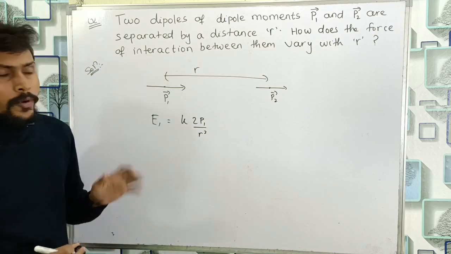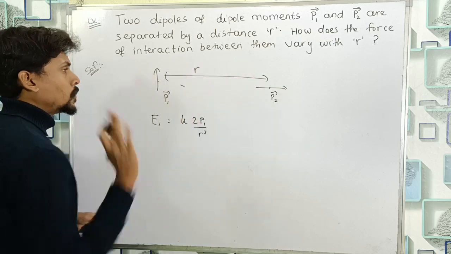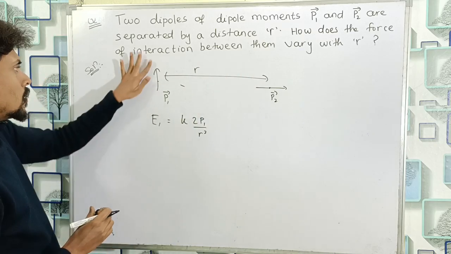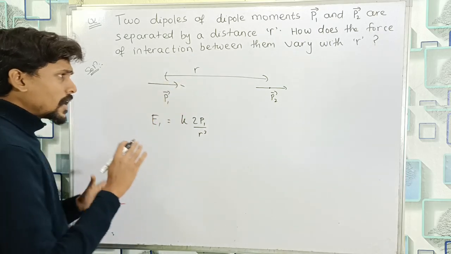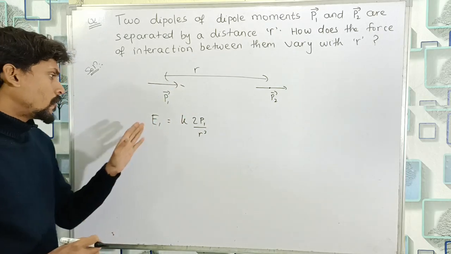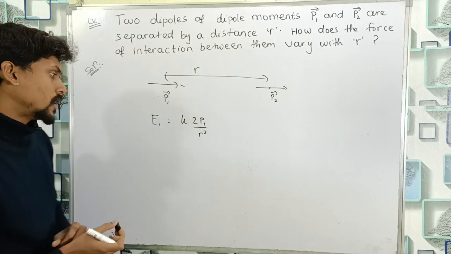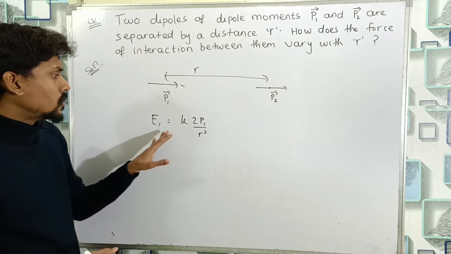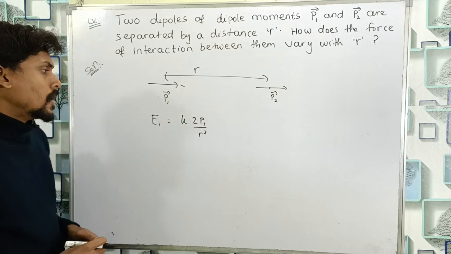If I place the dipole like this, then this one will be at the equatorial point. That doesn't matter, because at both the axial point and the equatorial point the electric field varies inversely as the third power of the distance. So E1 is equal to k into 2p1 by r cube. Imagine that this is the axial point.